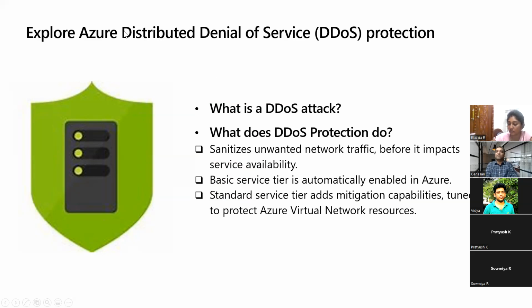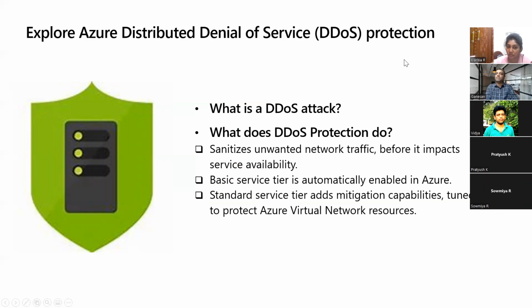Coming back to the exam, yes, they will ask what is DDoS. Don't forget this definition: distributed denial of service protection. How can you protect against DDoS? You need to sanitize the unwanted network traffic before it impacts service availability.